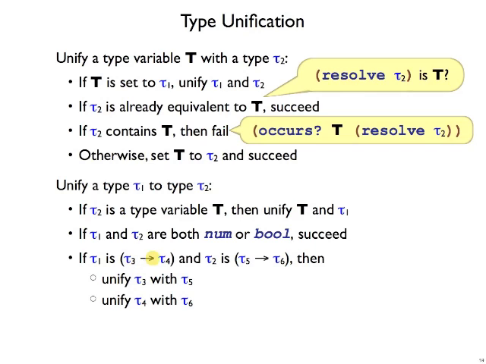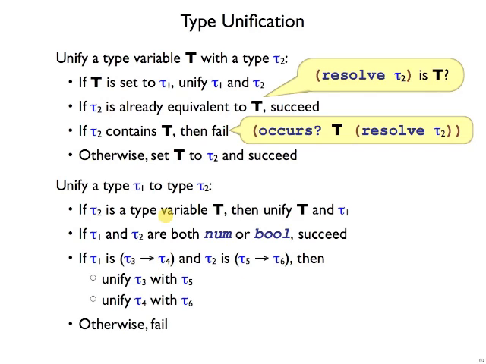For example, if it's num arrow num, then the num here and the num here will unify. Or if it's num arrow bool, then the bool for tau6 will unify with the bool for tau4. On the other hand, if it's num arrow num and num arrow bool, then the bool for tau6 will not unify with the num for tau4.